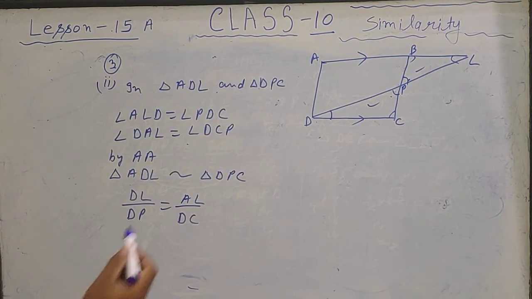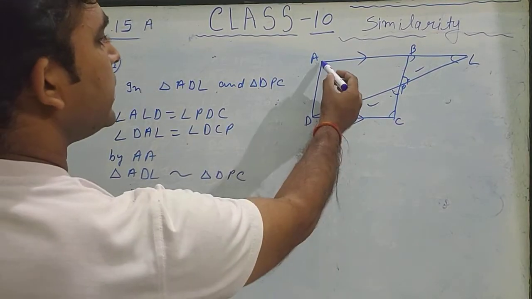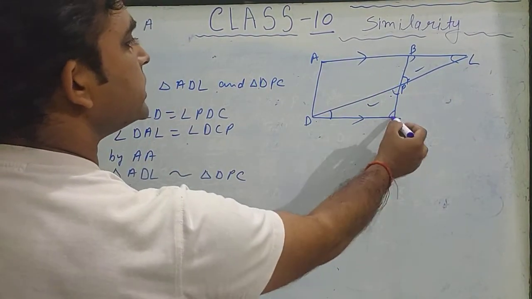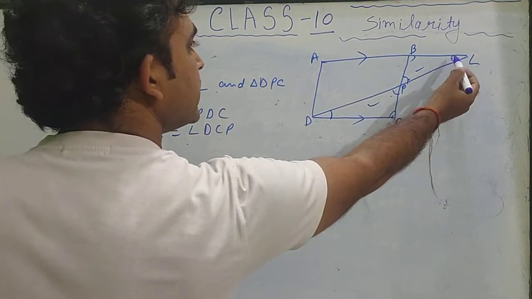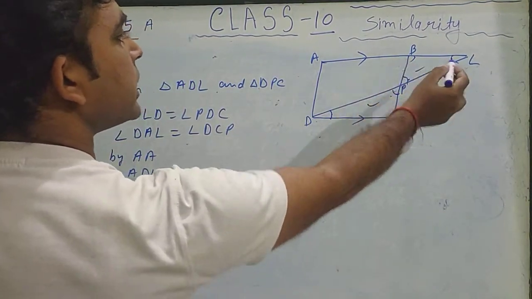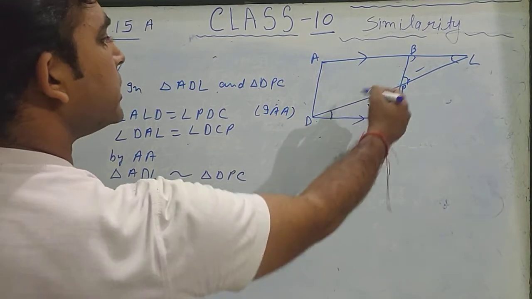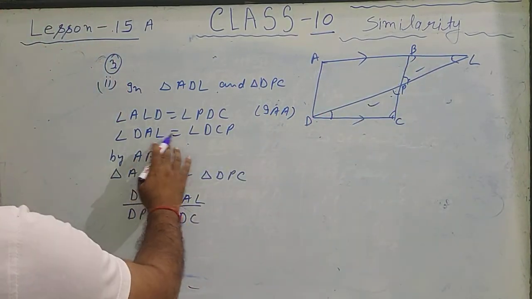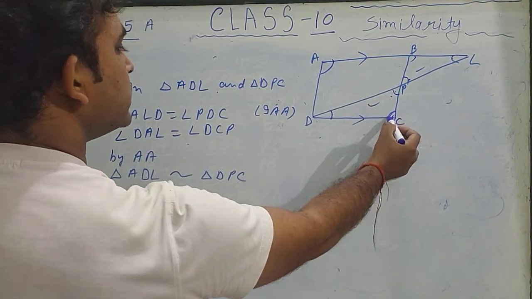In the second part, triangle ADL and DPC, we have proved that both triangles are similar. So this angle is equal to this angle, same, because of interior alternate angles. Both lines are parallel, so interior alternate angles are equal. Second, angle DAL, this angle is equal to this angle DCP.